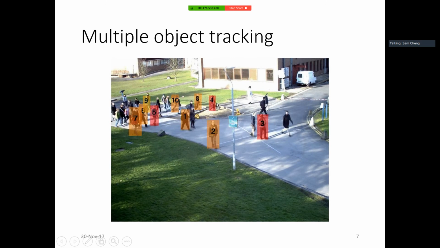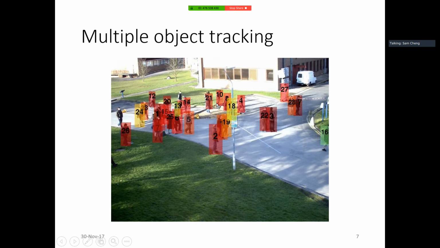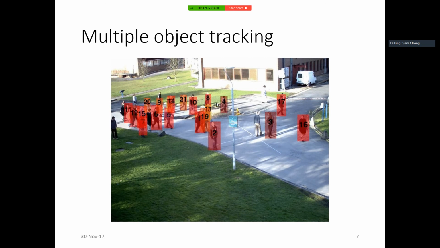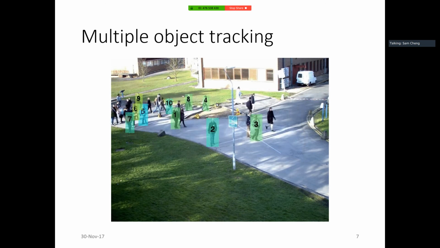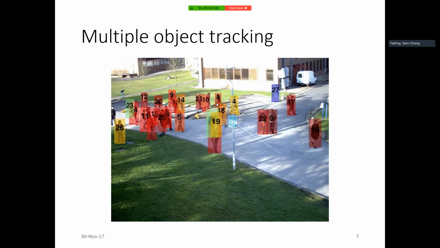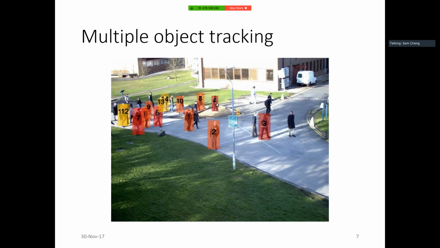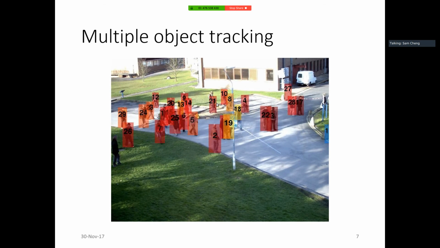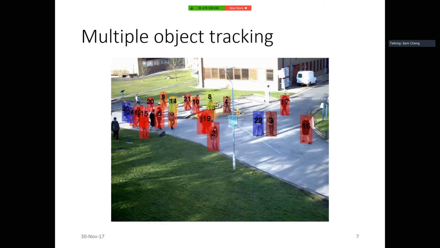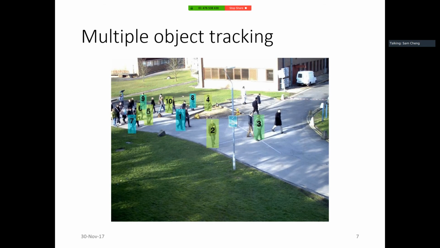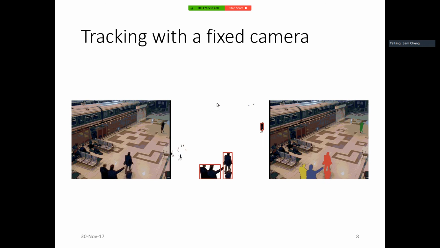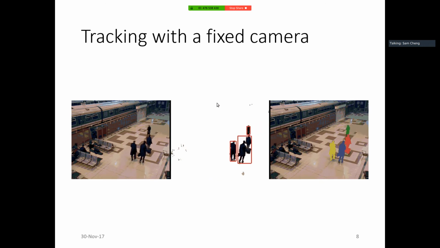When you have two objects that move close to one another, you will misclassify one object as the other, so you misidentify that object as the other target. So this is actually a pretty difficult problem. In a sense, it's not perfectly solved yet, so it's still open.